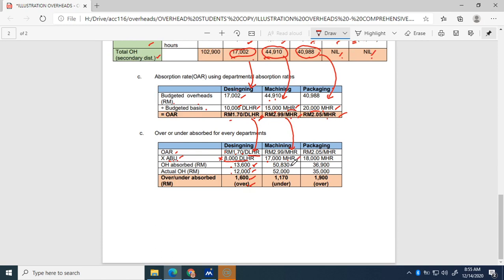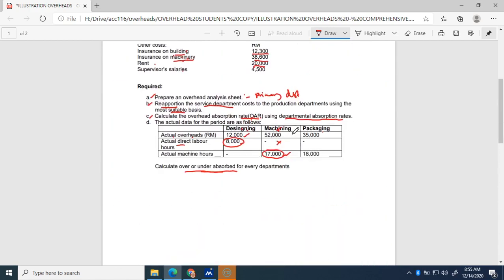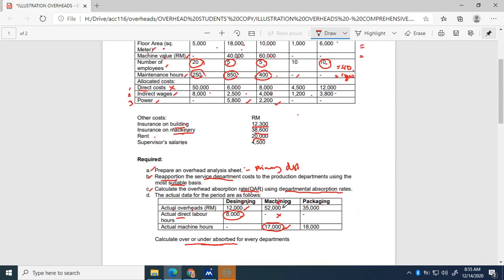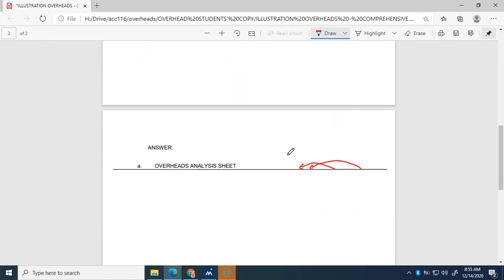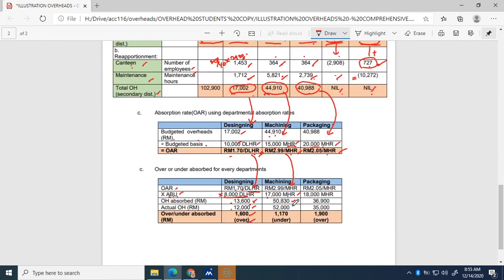You get overhead absorbed of 50,830. Compare with the actual overhead of 52,000. The difference is 1,170. Absorbed is less than actual, so this is under absorbed.